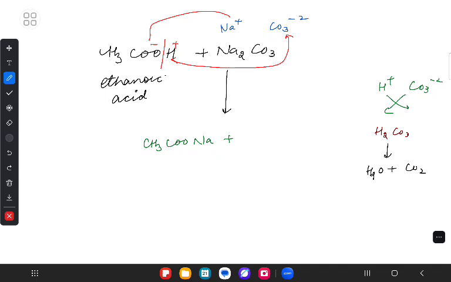So, it is going to break down into H2O and CO2. Understood the point?